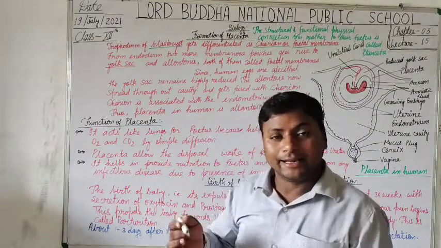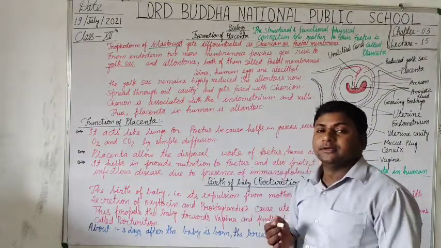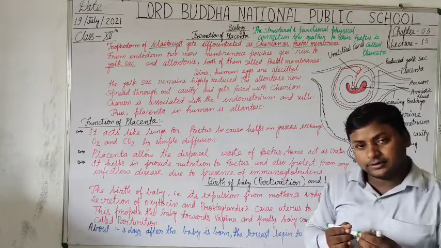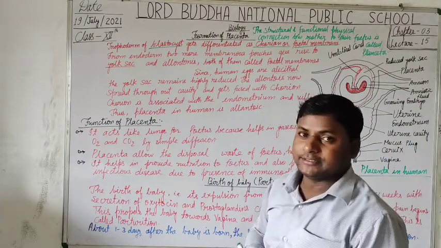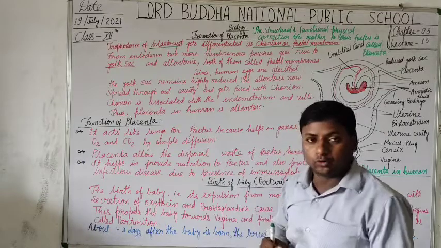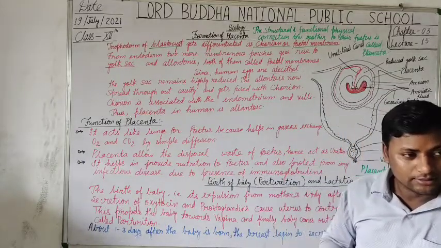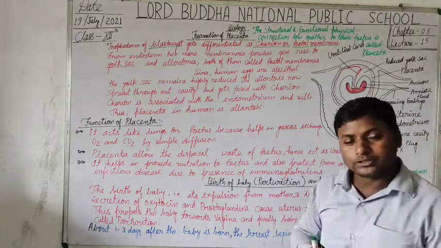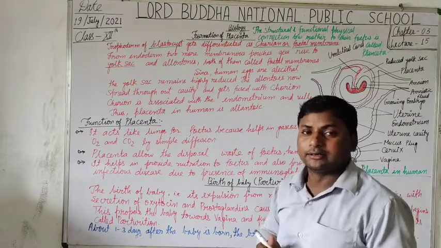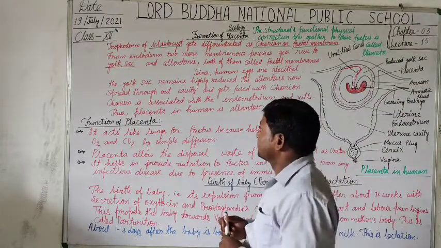Chorion membrane and allantois membrane are the two membranes formed through the trophoderm. It means the outermost germ layer, that is ectoderm.